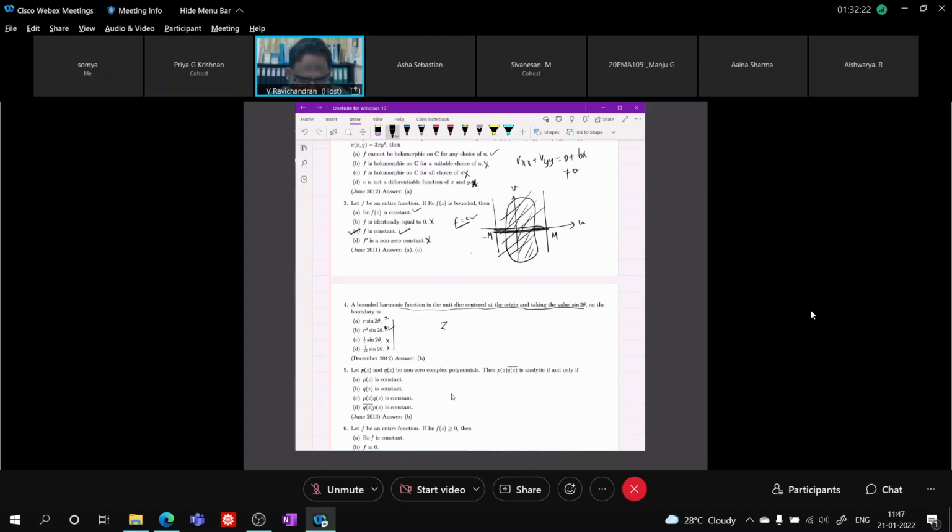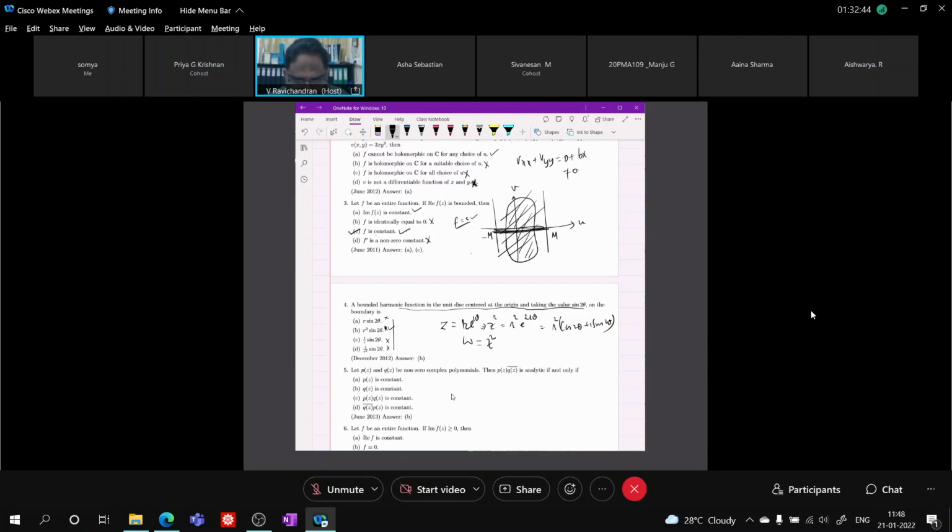And if you know z is r e power i theta, then z square will be r square e power 2i theta. So you will get r square (cos 2 theta plus i sin 2 theta). And you can see that r square sin 2 theta is the imaginary part of z square. So w equals z square.